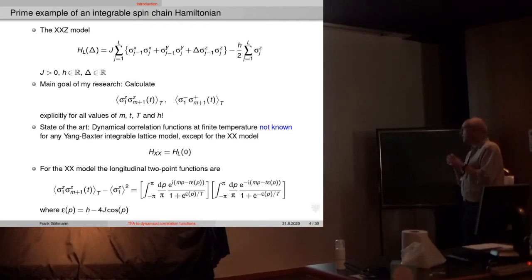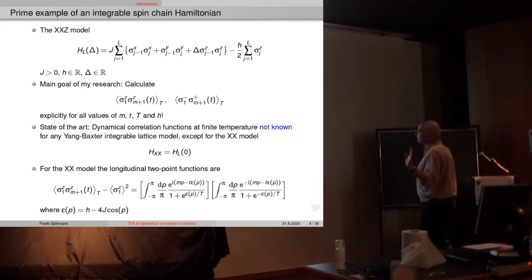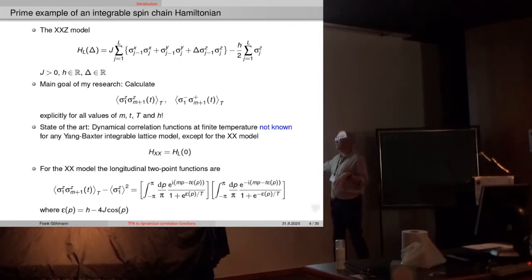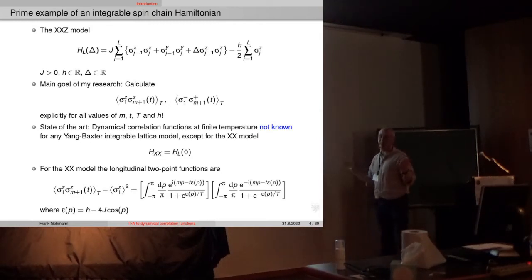But here, for this XX model and the longitudinal correlation function, sigma z, you have a very simple and nice answer. Just the product of two integrals. And the two integrals are kind of wave transforms of the Fermi waves, Fermi waves for holes and particles, and the product of those.